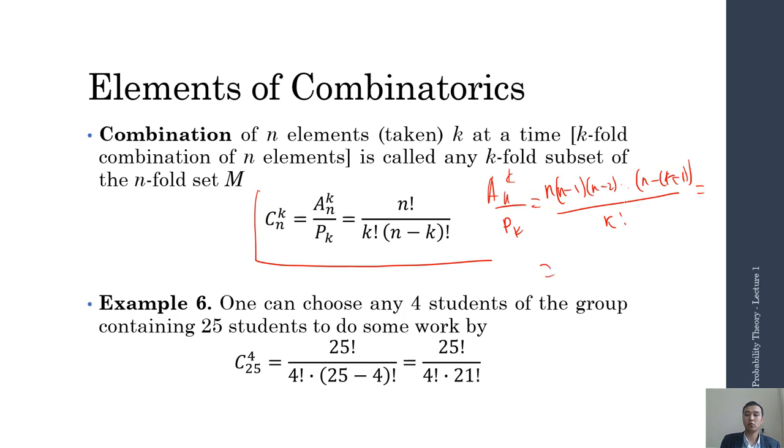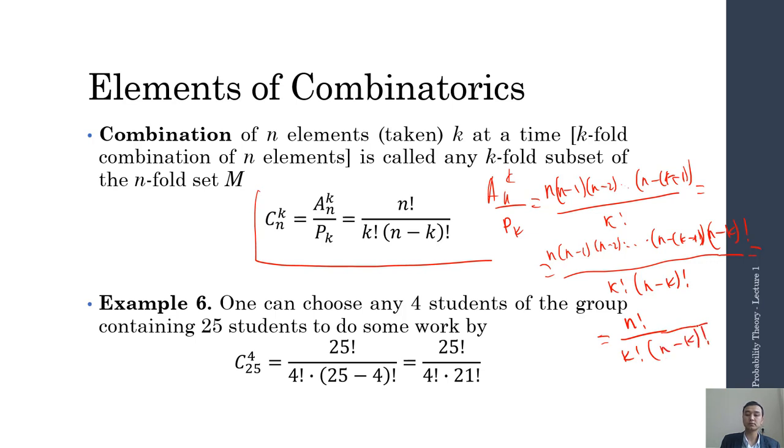If we multiply both sides by n minus k factorial, we will have n factorial on the numerator, divided by k factorial times n minus k factorial.